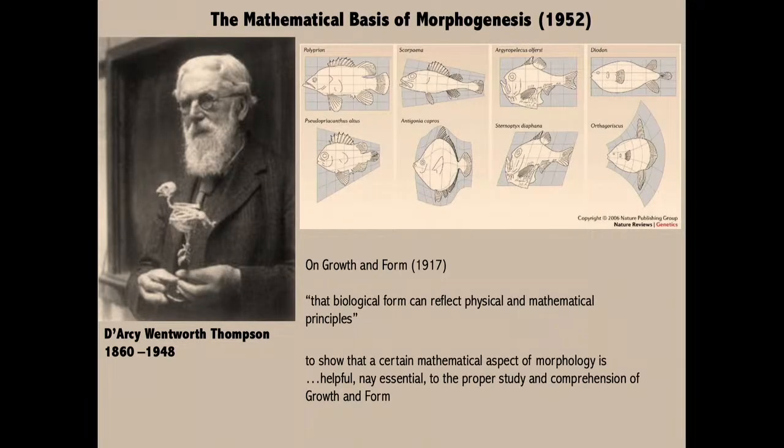So just a few concepts, a little bit in the order of the chronology with which they were discussed. One of our heroes, D'Arcy Thompson, actually postulated this idea of a mathematical basis for morphogenesis in the 1950s, and in his book on growth and form, he said that biological form can reflect physical and mathematical principles.